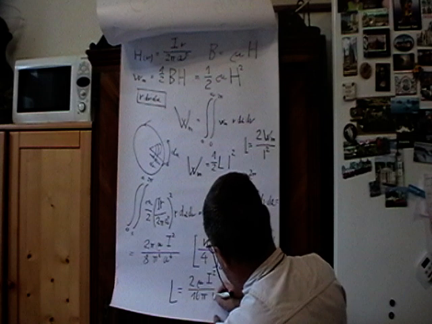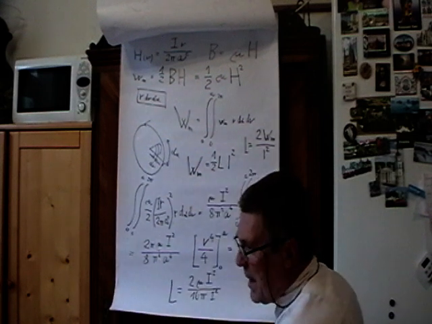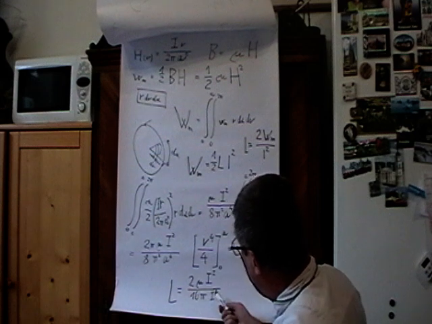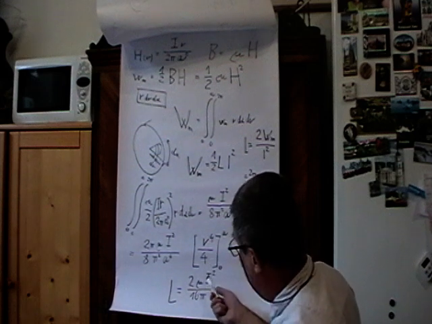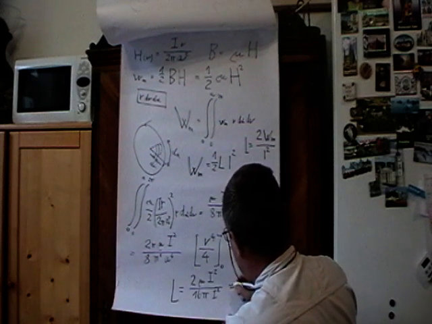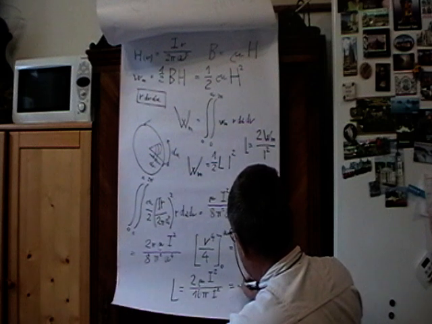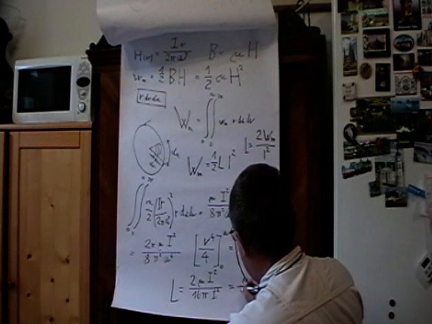I squared. Good luck, we have not made a big mistake because the current cancels out. And the value of the total inductance is mu divided by 8 pi.